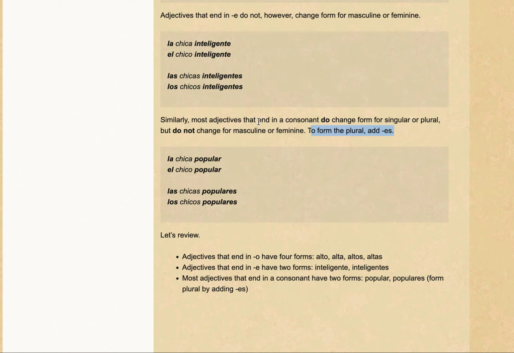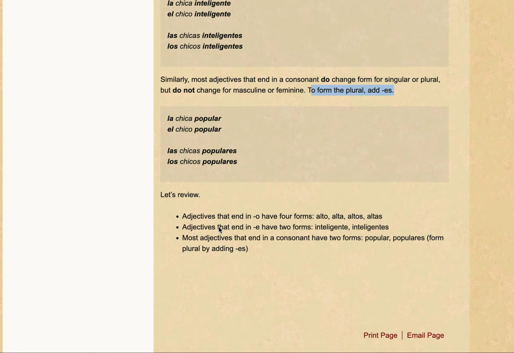But what we need to make a note of is that unlike with adjectives that end in an o or an e, here to form the plural we add an es, right? So that's the thing to note, and this will all be in the description of the video.